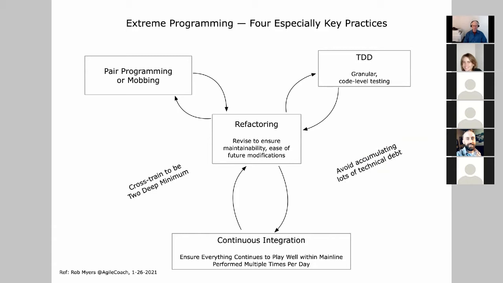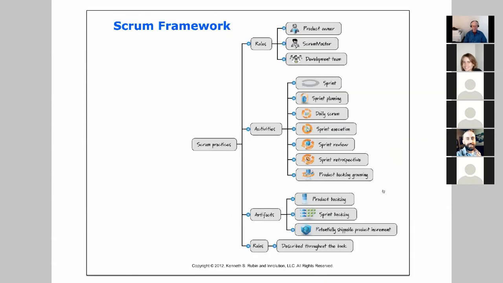But this is teeing up extreme programming, which, as I say, is getting into the nuts and bolts of the software development a little bit more. Whereas the next framework, Scrum, is much more about the workflow and the roles of the Scrum practices, as opposed to the software. So it's really not talking about the technical challenges of the software development itself.